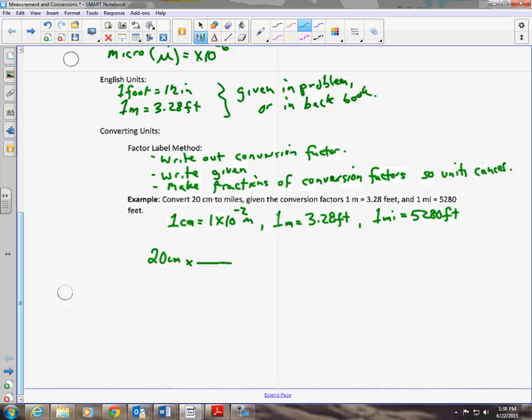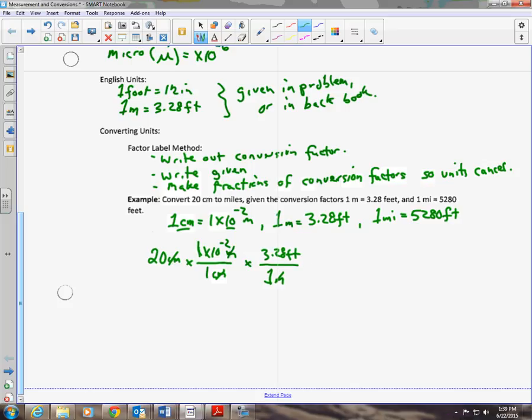For the first one, I have to get from centimeters to meters. I want the centimeters to cancel, so I put 1 centimeter on the bottom and 1 times 10 to the minus 2 meters on the top. Now my centimeters cancel, and I'm in meters. I don't want meters, though. I want to eventually get to miles. So my next conversion is 1 meter is 3.28 feet. I want the meters to cancel, so I put 1 meter on the bottom and 3.28 feet on top. Now my meters cancel, and I'm left with feet.